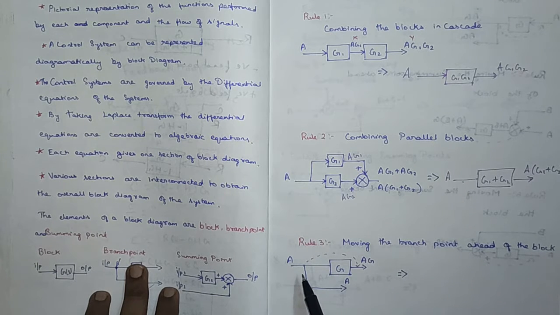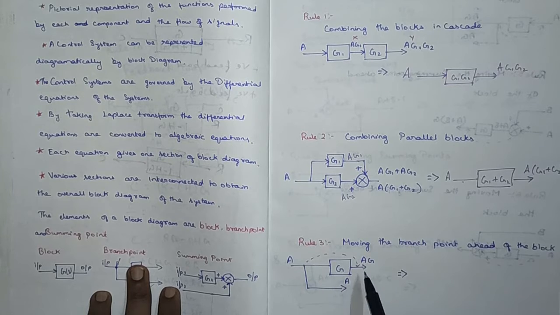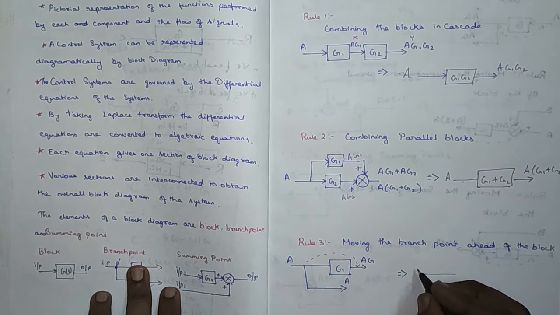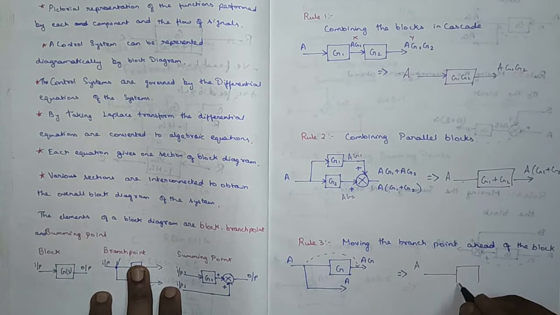Input a is given, a branch point is given here, and a transfer function g is given. The first output is ag, the second output is a. Now I am supposed to move this branch point ahead of the block. So I will draw the diagram here. The input a is given, we have a transfer function g here, and the branch point has been moved ahead of this block.